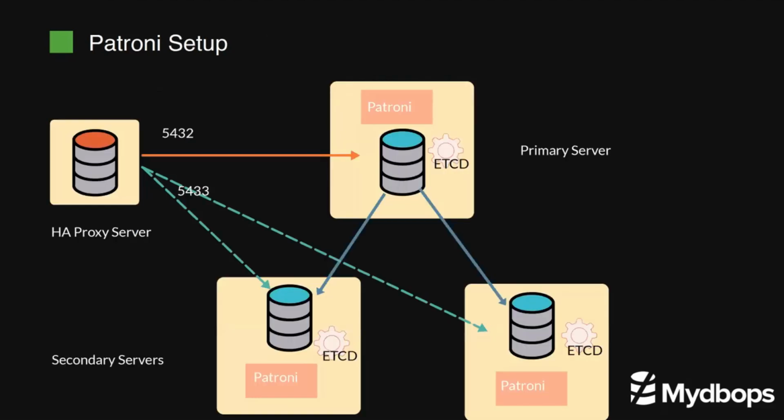Okay, so this is the Patroni setup we are going to achieve now. We have 3 nodes, node 1, node 2, node 3. And we have installed Patroni on node 1, node 2, node 3, and databases as well. etcd is also installed on all the 3 servers. And we have another separate server for HAProxy. HAProxy is running on that, and it is configured on 2 ports.